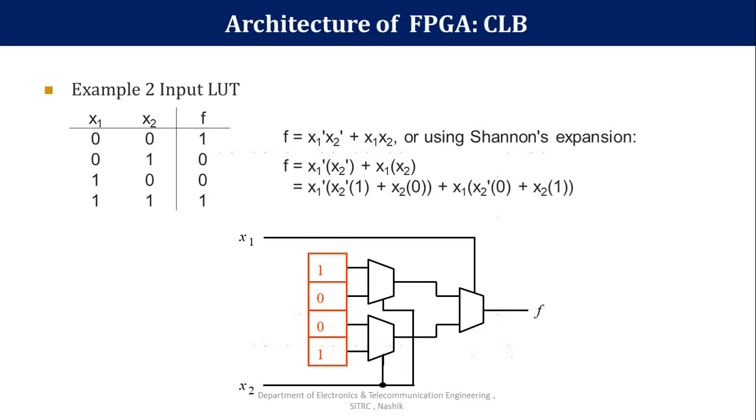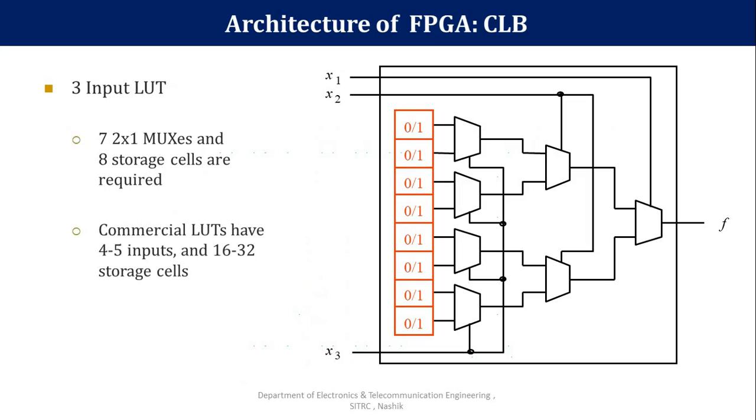When the condition is 0 0, the first input of the RAM cell is connected to the function F. And when the condition is 0 1, the second input is selected. In this way, the multiplexer selects the particular input from the storage cells.